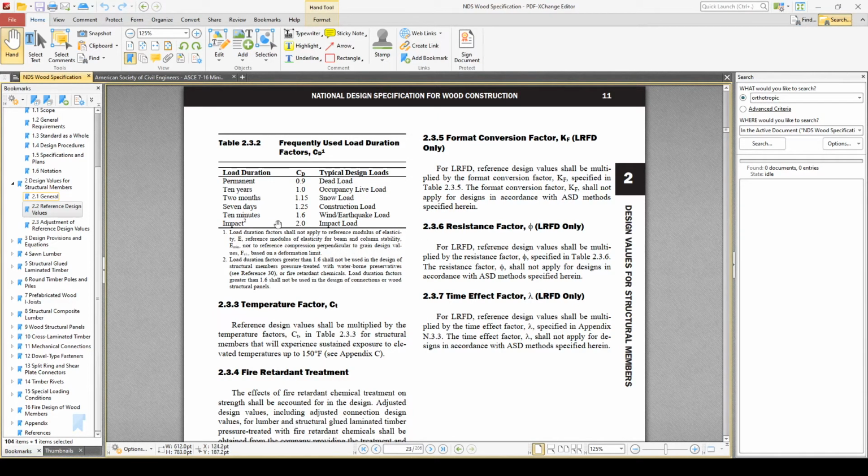Looking here, we can see that for dead load, our load duration factor is 0.9, and for impact live load, it's 2.0. And so those are the two different types of load that we have.